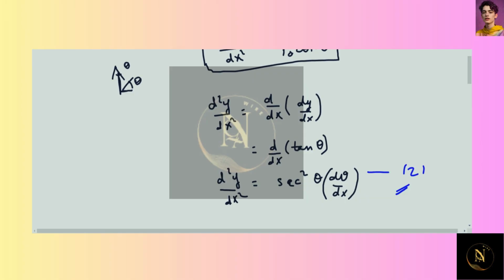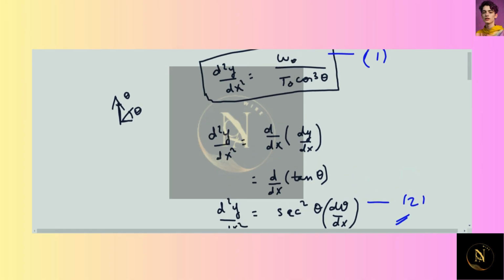So let's use these two equations. Let's substitute the value of the left hand side, that is the right hand side of the first equation, in place of d²y over dx² in the second equation.